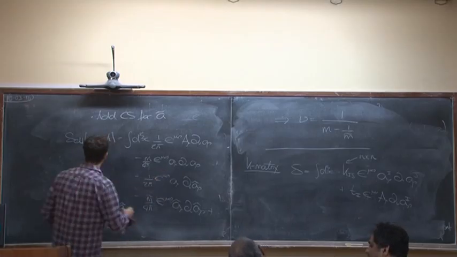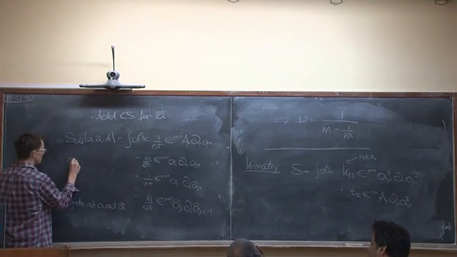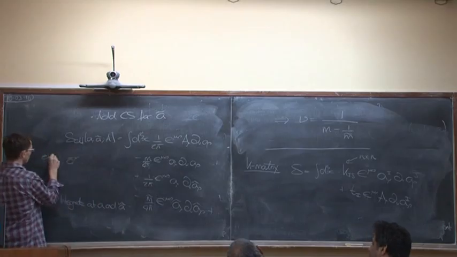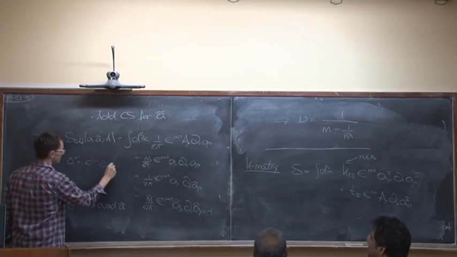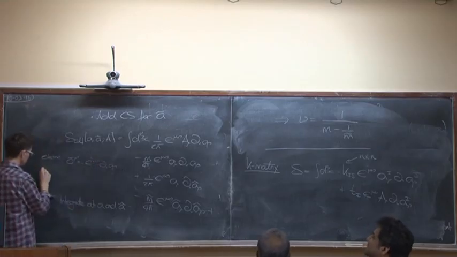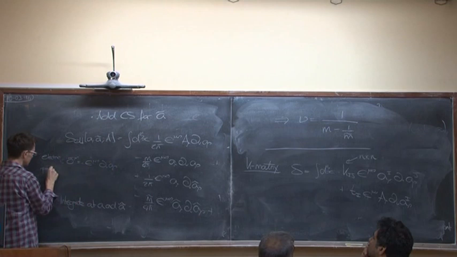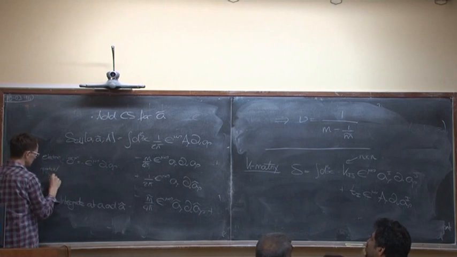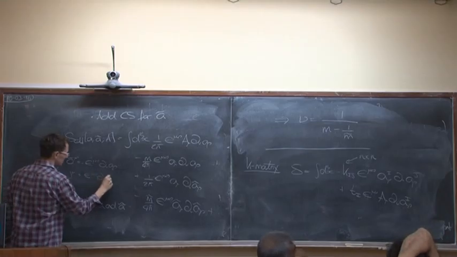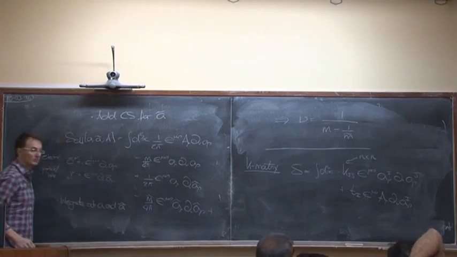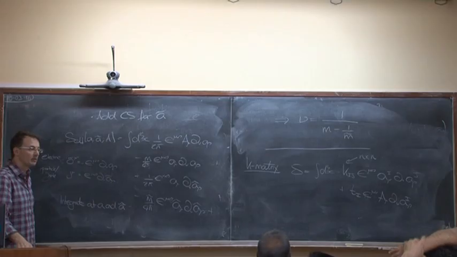So J nu is the electric current. The little a tilde is the topological field for the quasi-particles. It's the Hall effect for the quasi-particles.